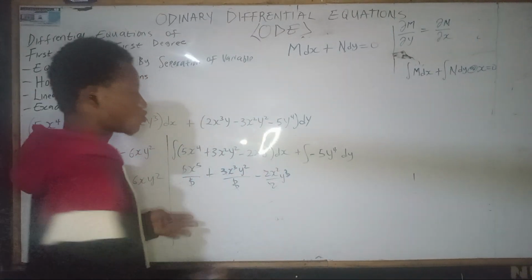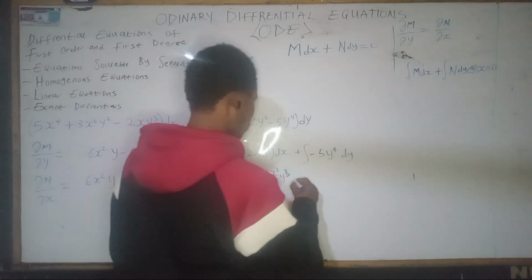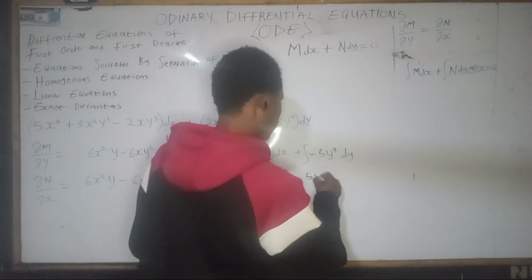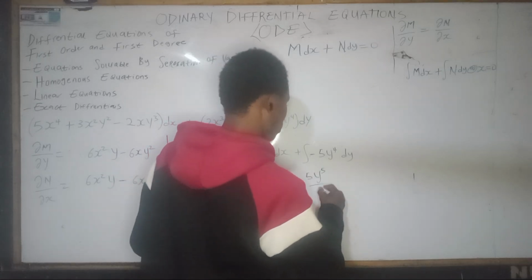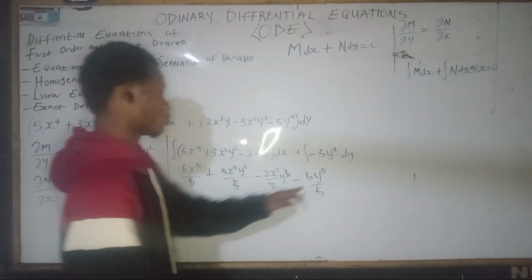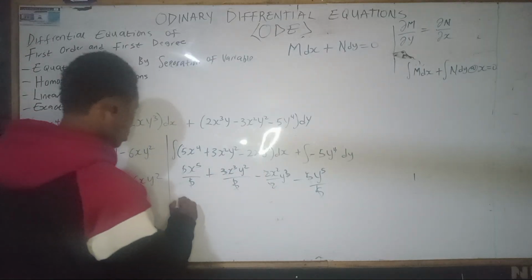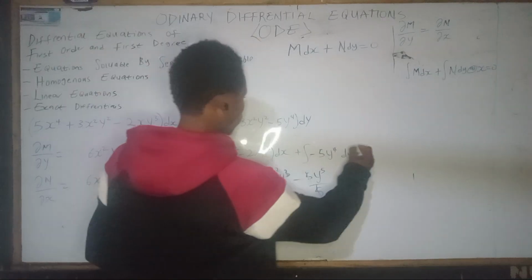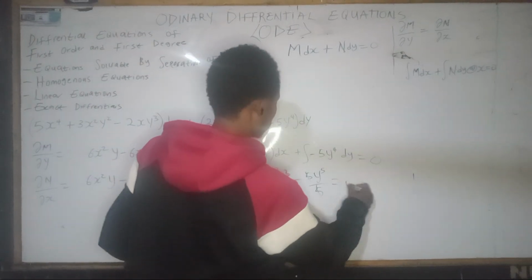So these two cancel naturally, and the one in here we have our minus sign here, and we have 5y raised to power 5 divided by 5. So the 5 cancels the 5 here, and let's not forget our equals to 0 there.